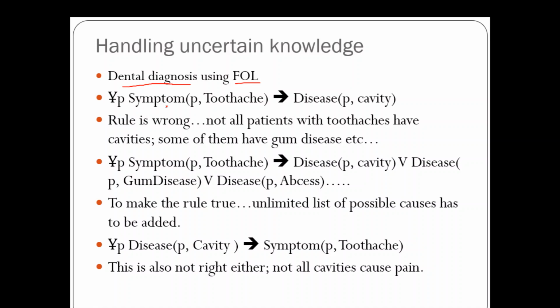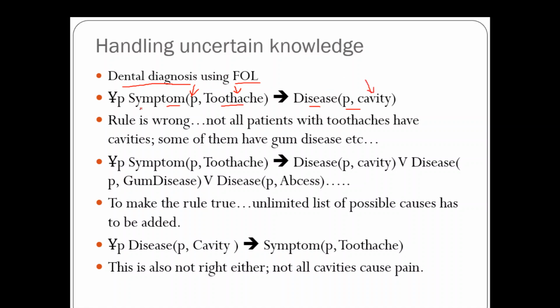For all P, symptom of P, toothache implies disease of P, cavity, which means that for all persons, if the person P is having a symptom and that symptom is toothache, which implies that the person P is having a disease and that disease is cavity.